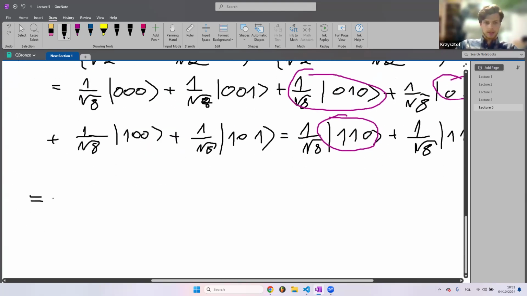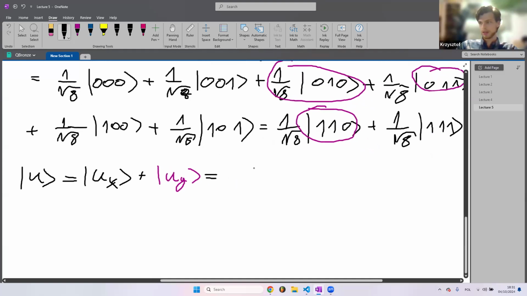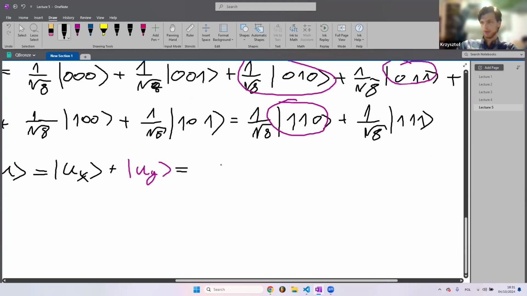So now I can write vector u as u x plus u y, and then I will write 1 over square root of 8.